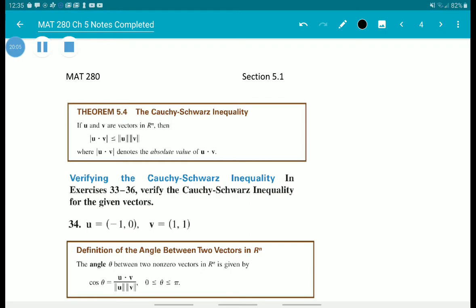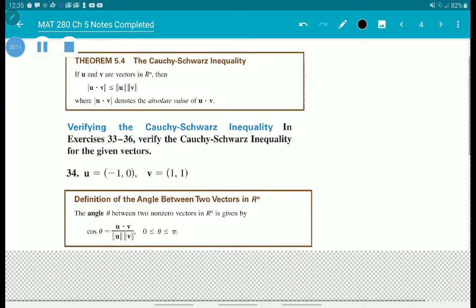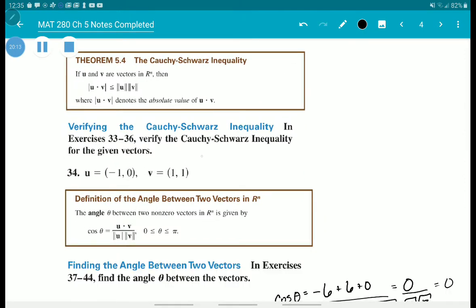So I just want to demonstrate what's going on here. Remember, the dot product is a scalar value, so we can take the absolute value of that scalar value. So if I find in 34 u dot v, I'm going to have -1 plus 0, which is -1. So then now I'm going to find the magnitude of u.